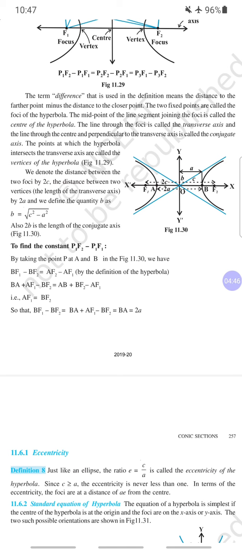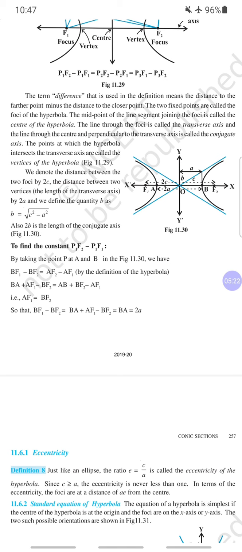Now let's come to the next point: to find the constant P1F2 minus P1F1. We have already taken points A and B, and F1 and F2 we already have. By definition, please look at the third line: BF1 minus BF2 is equal to AF2 minus AF1.